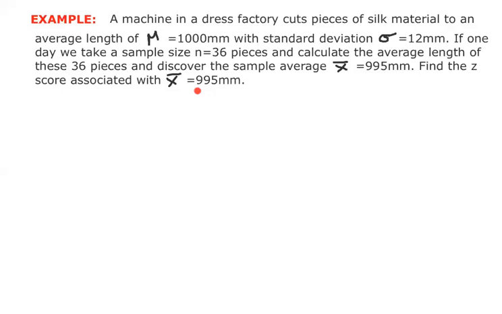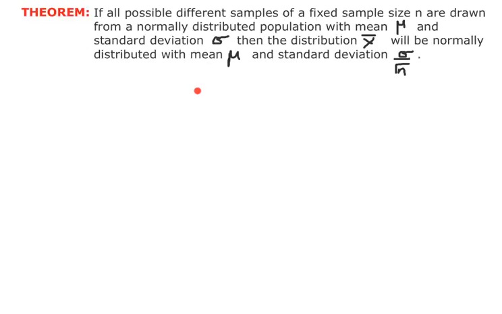So let's go back to what we said, let's look at our theorem. We said the mean is equal to mu. So for our sample, we can say that mu x bar is equal to mu, and our sample standard deviation is equal to sigma over square root of n.